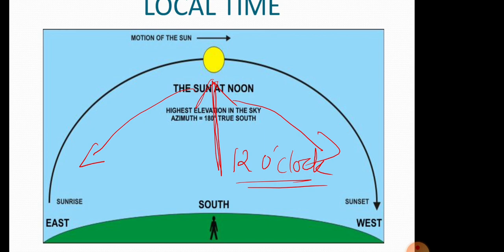So this is the actual time you realize or you live on that place. So it is noon when the sun comes just above your head, to the highest point.